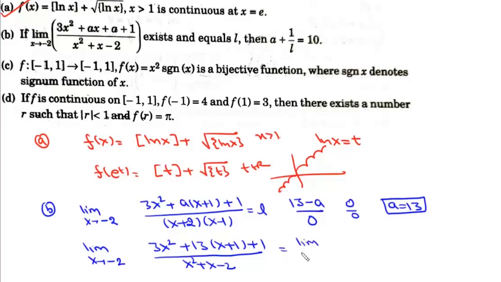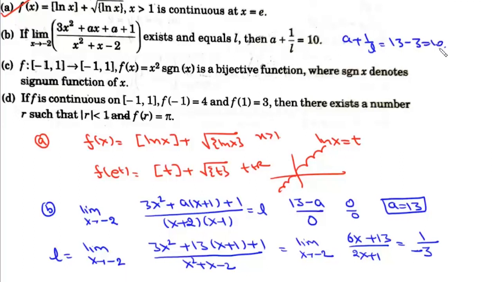So it will be limit x tends to minus 2 of (6x plus 13) upon (2x plus 1). Now this is 13 minus 12, 1 upon minus 3. So value of L is minus 1 by 3. Now we need to find the value of a plus 1 by L. Now a is 13 and 1 by L is minus 3. So this value is 10. That means this option B is correct.